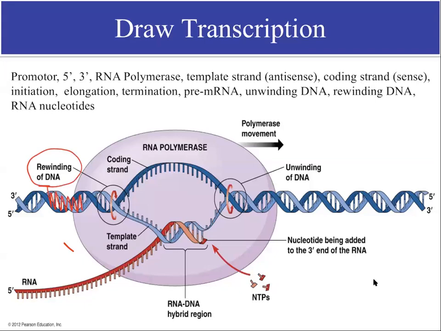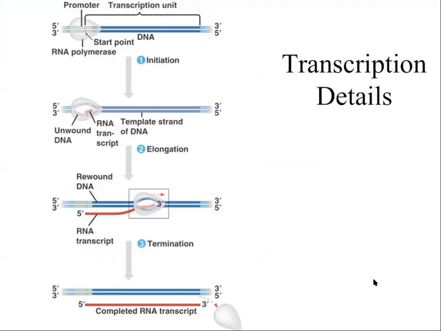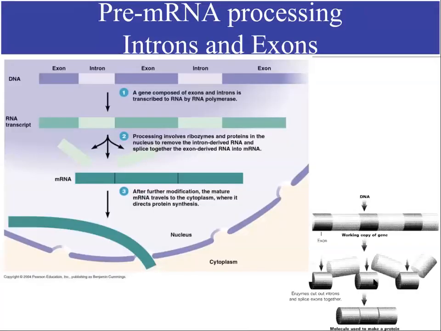The new RNA is growing in the 5' to 3' direction until it comes to that termination sequence, and then the RNA is going to be free to get processed if you're in a eukaryotic cell. And so I think you get the idea, and I'm going to skip all these pictures.